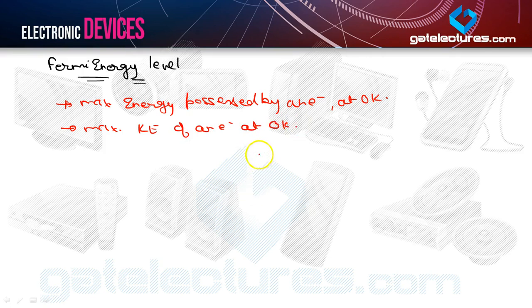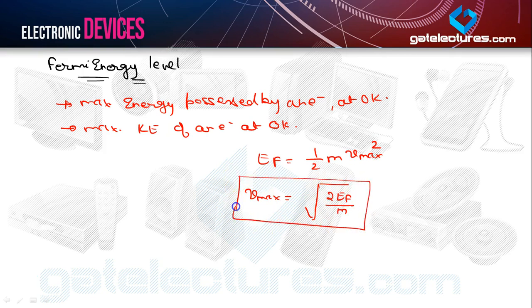So we can say that the Fermi energy level is half m V max square. From here we can find the maximum velocity of an electron. It is nothing but the square root of 2 EF by m, in meters per second. Okay, so for now this is enough.